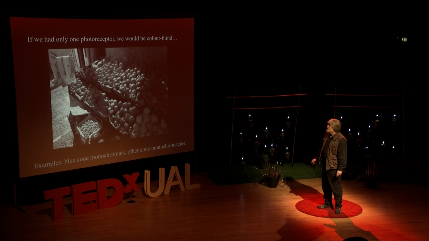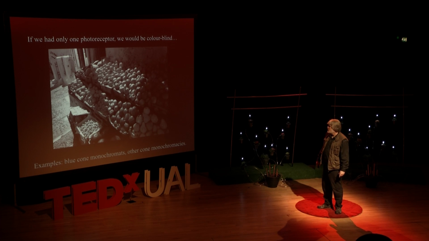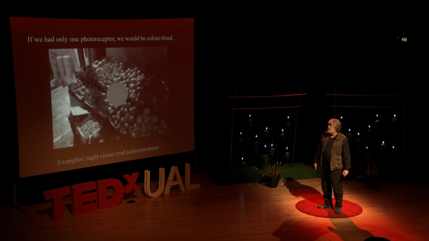You don't know which of those two things has happened. So with only one photoreceptor, we would be colourblind. And examples of that are blue cone monochromats and other cone monochromats, and you can experience it yourself at night with night vision. Your rods provide an achromatic colourblind signal.